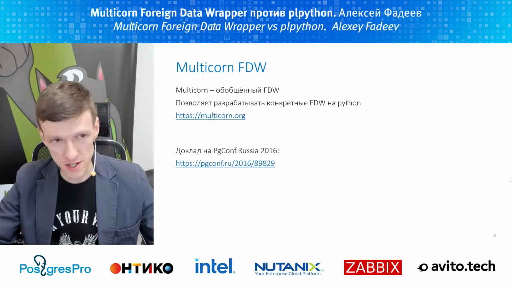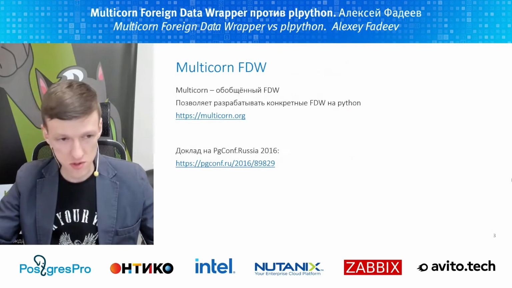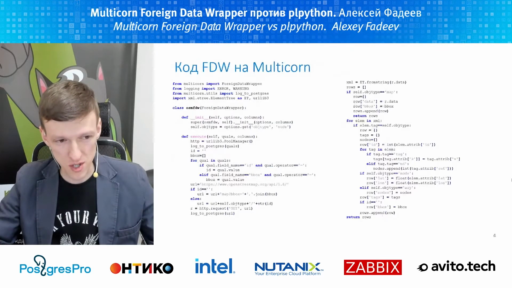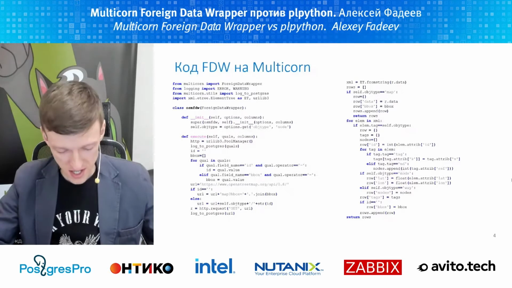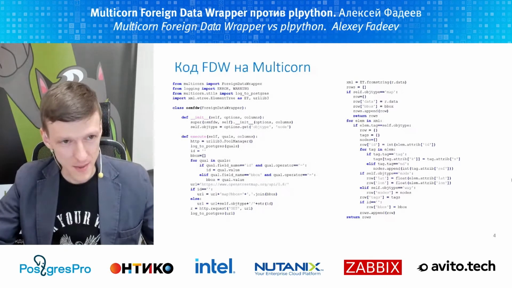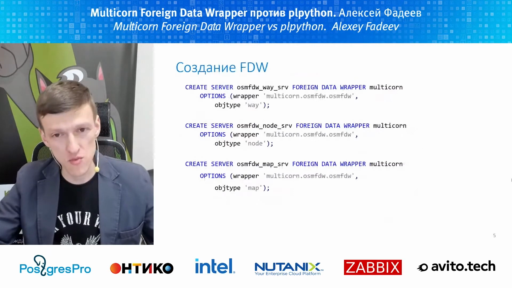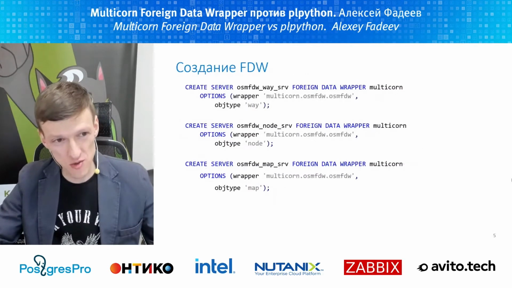I've never developed in Python, but I found an example in Multicorn, and I redid it for my purposes. So the full code fits into one screen, which, of course, is very compact and elegant. So how does Multicorn work?